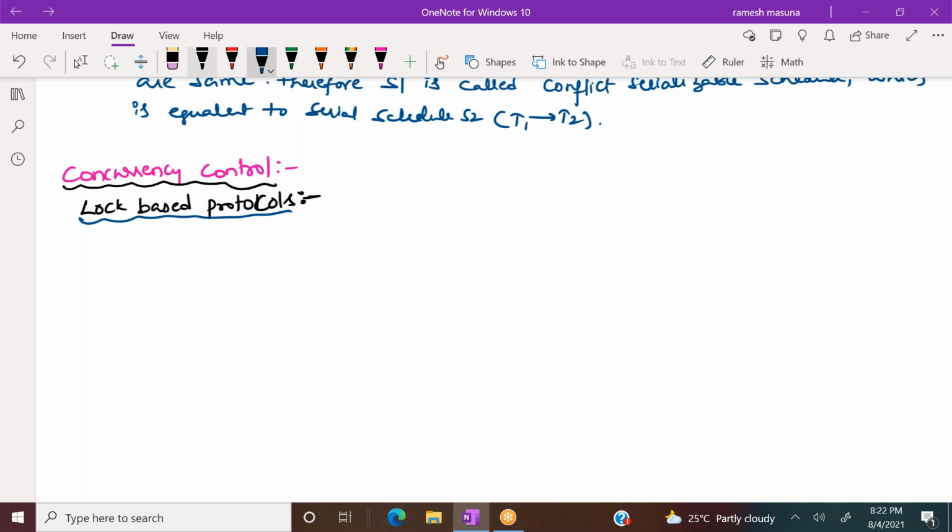Now look, suppose there is a data item A. Suppose transaction 1 and transaction 2 both want to perform some operation on A. And first assume T1 started. Then before it performs an operation on A, T1 puts a lock on A. Whenever T1 puts a lock on A, T2 has to wait.